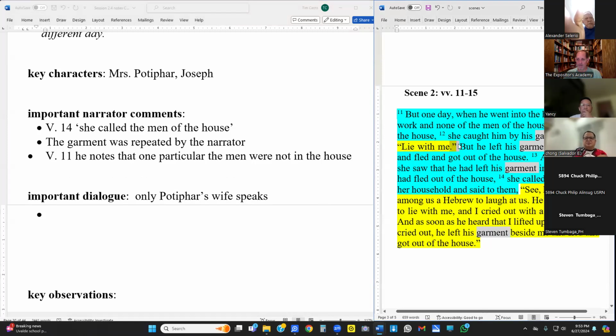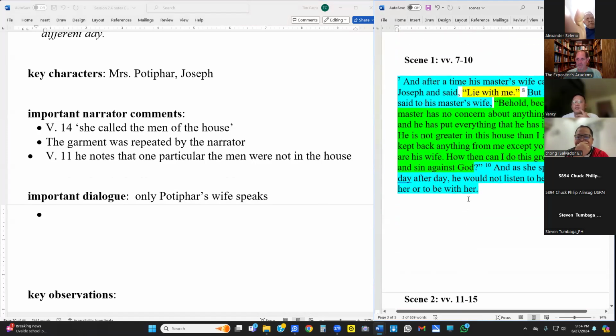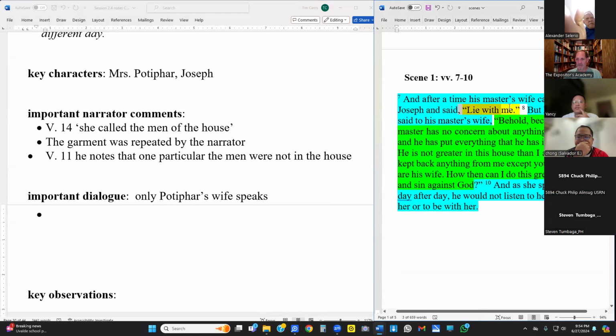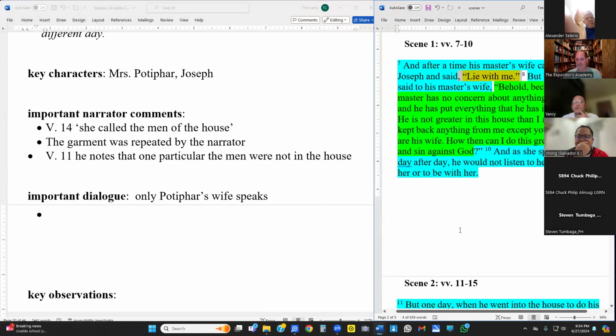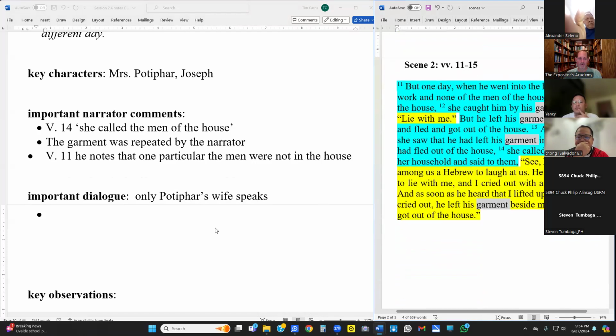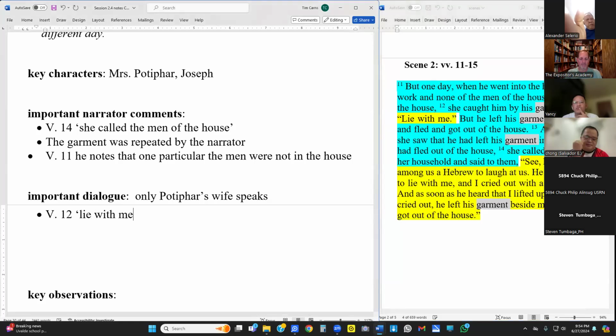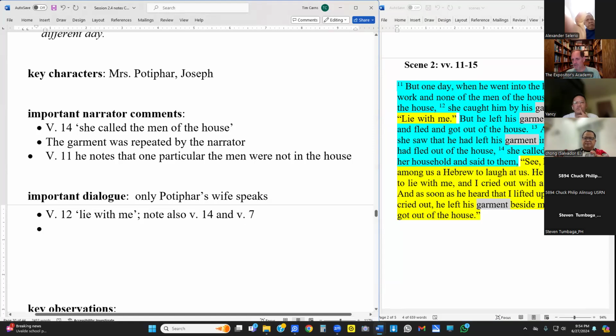Verse 12. And then verse 14, she mentions it. And again, that's what she says back up here in verse 7. So that seems to be a point of emphasis that I would note. Anything else she says?